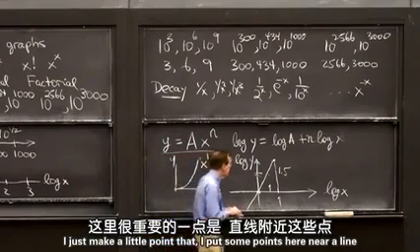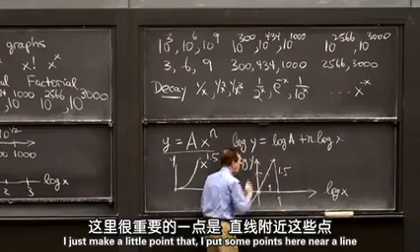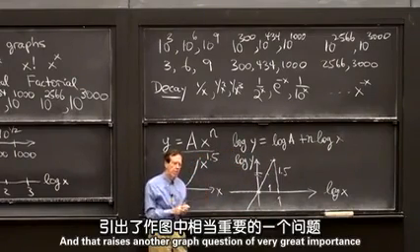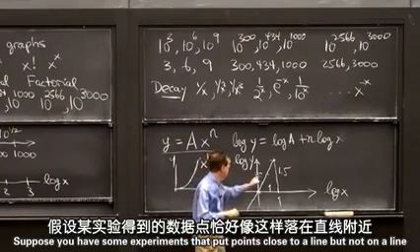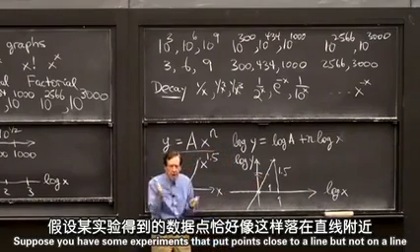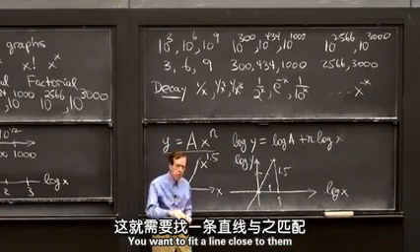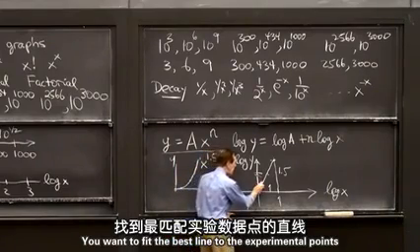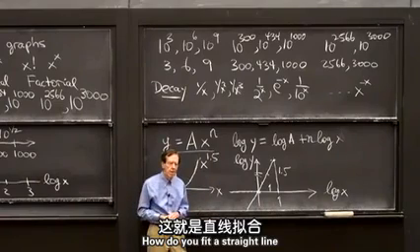I'll just make a little point that I put some points here near a line, and that raises another graph question of very great importance. Suppose you have some experiments that put points close to a line but not right on a line. You want to fit the best line to the experimental points. How do you fit a straight line?